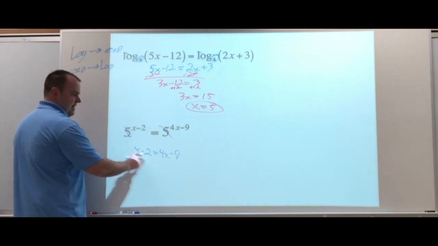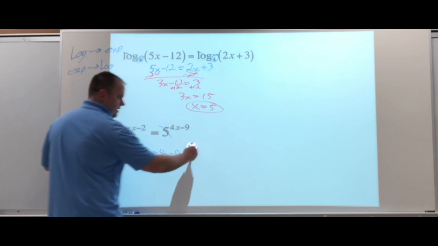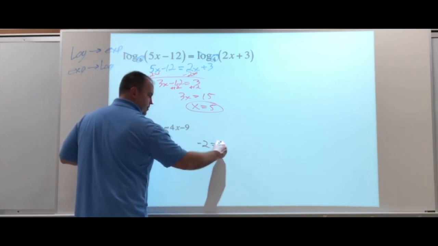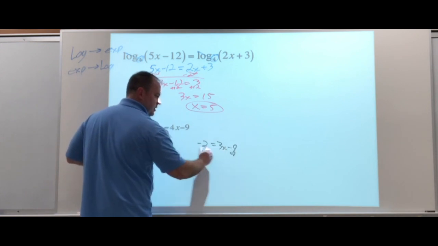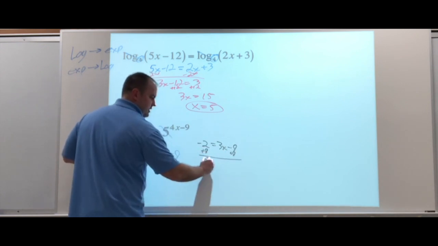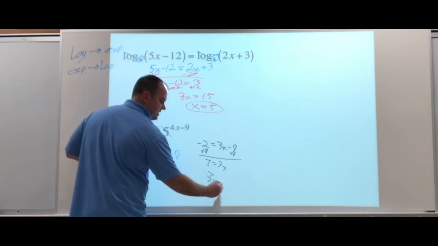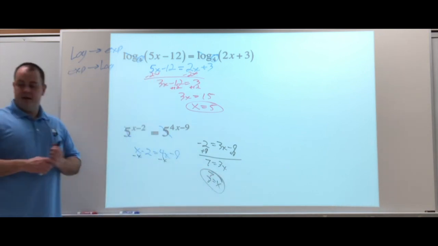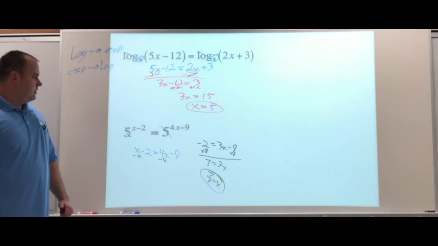I'm going to subtract x over here. We get negative 3x minus 9. Add my 9. 7 equals 3x. 7 over 3 equals x. Check my work there real quick. Yeah, it looks good.